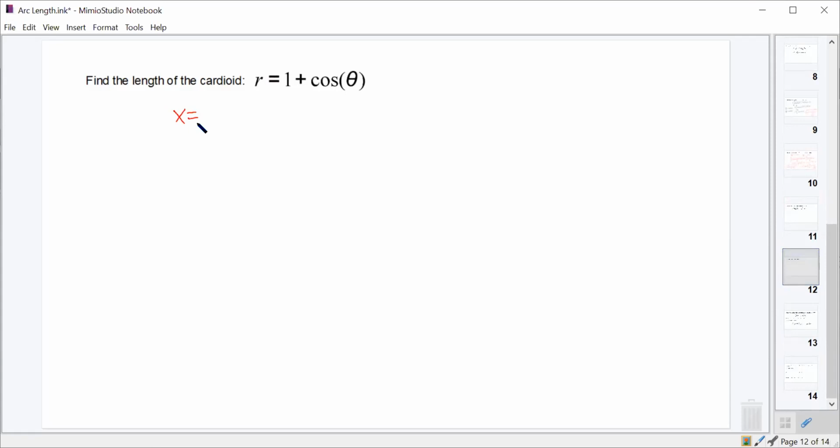What's x going to be? Cosine theta plus cosine squared theta. And what's y going to be? Sine theta plus sine theta cosine theta.